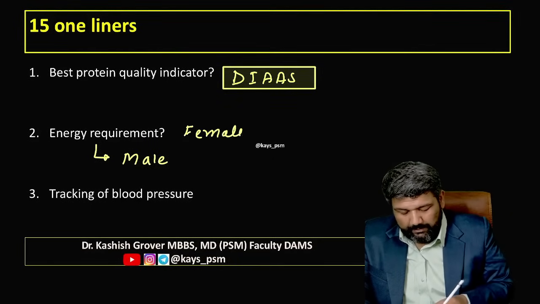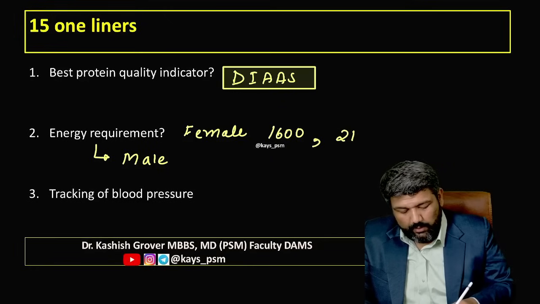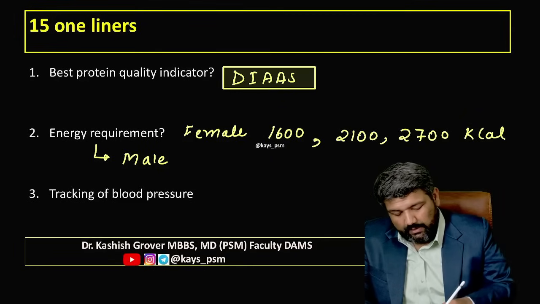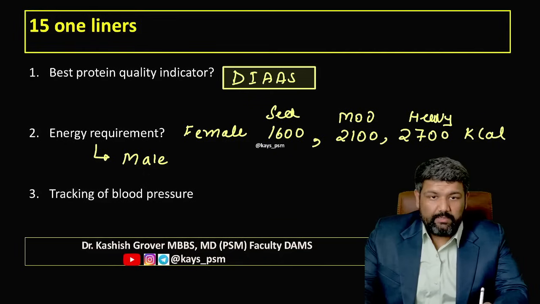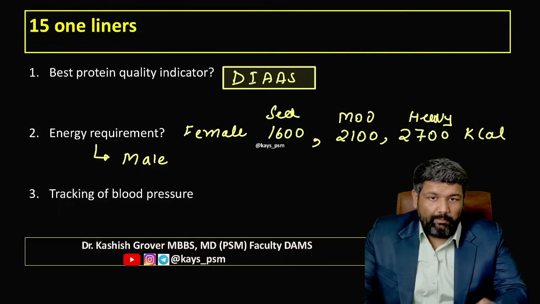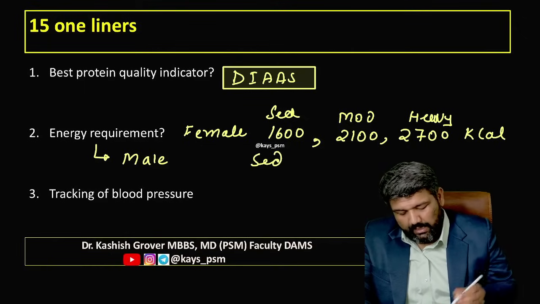Coming to energy requirement, the female requires 1600, 2100, 2700 kilocalories. This is sedentary, this is moderate, and this is heavy worker. The moderate female energy is required by a sedentary male.